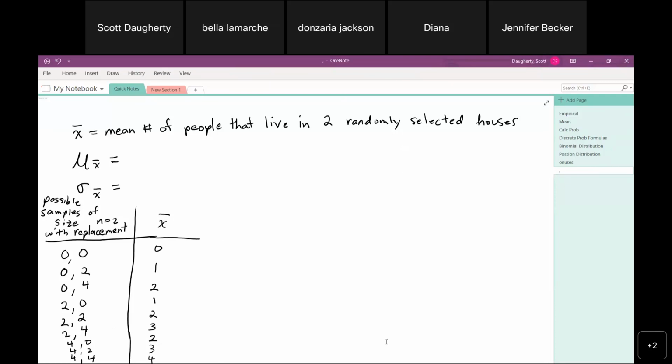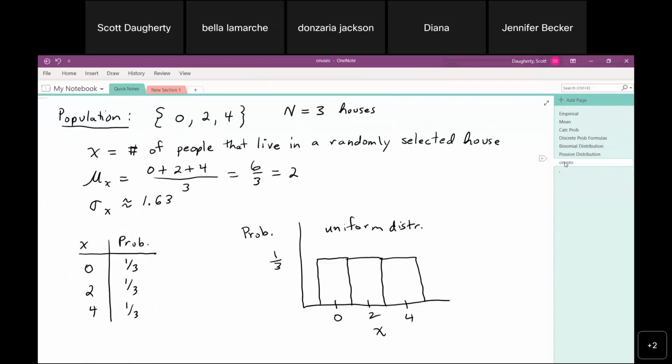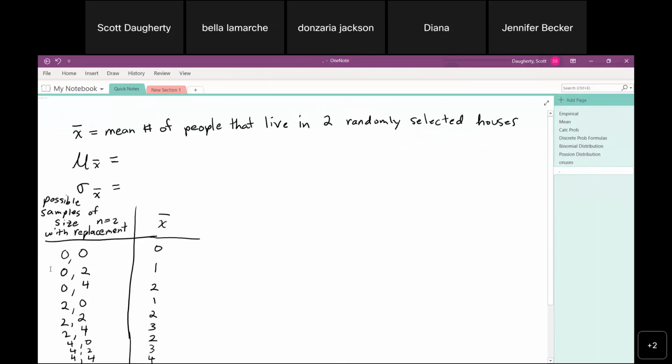Now, what's the actual average? What's the real population average? Remember, the average is 2. So the sampler doesn't know this, because they don't know the entire population. What they're doing is sampling two at a time and looking at the sample mean to estimate the population mean.